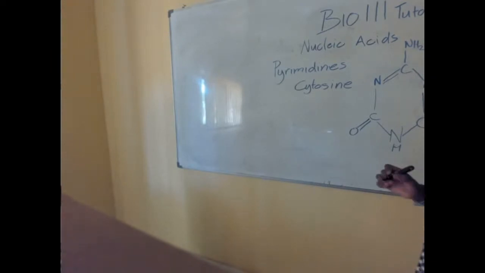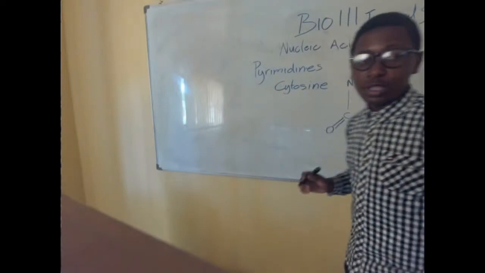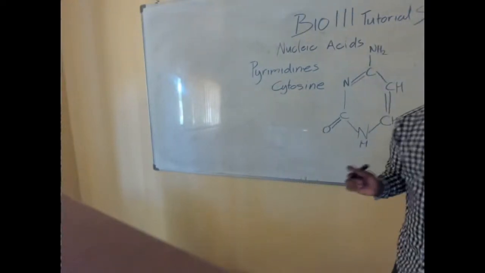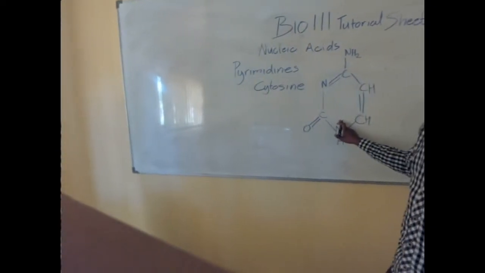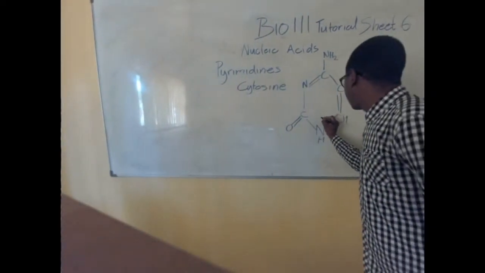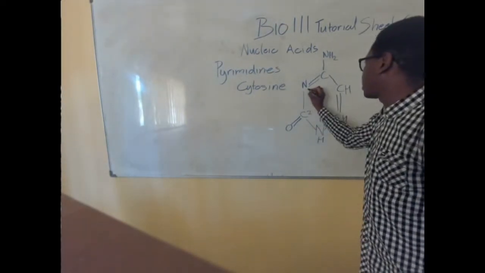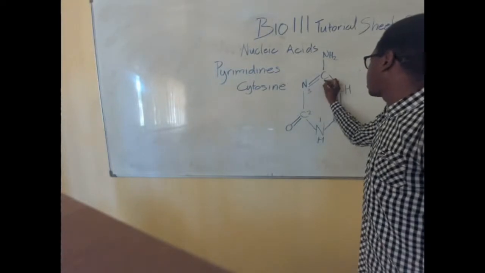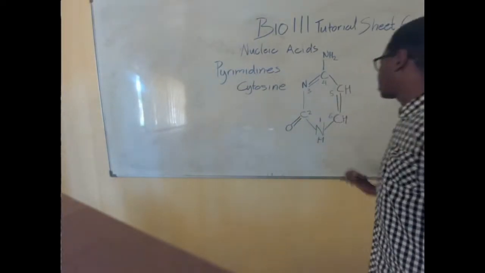So when we are talking about nitrogenous bases, we number the atoms in the ring structure starting from the one down here. So this is the first atom. This will be considered as the second. This one the third, the fourth, the fifth, and the 6th.